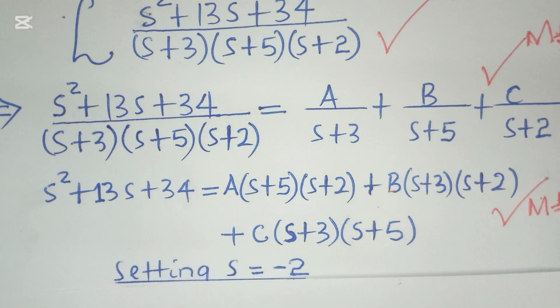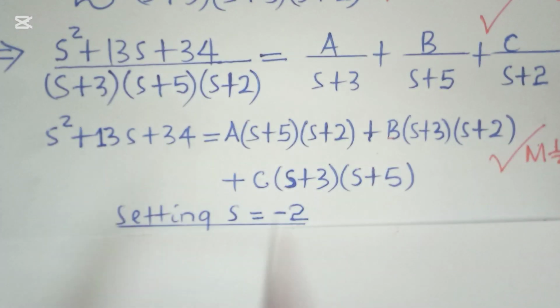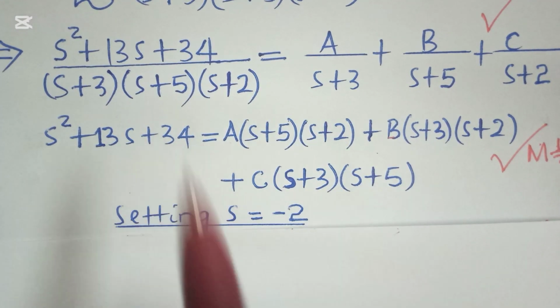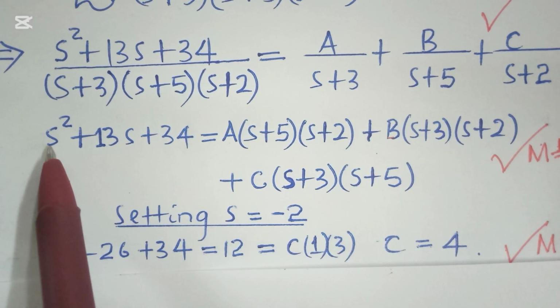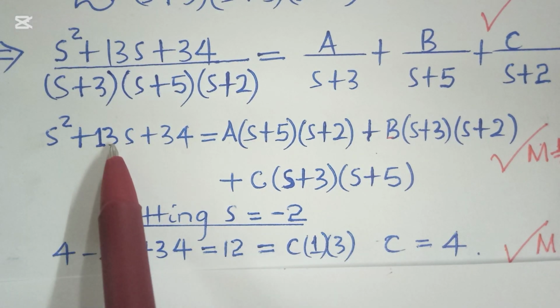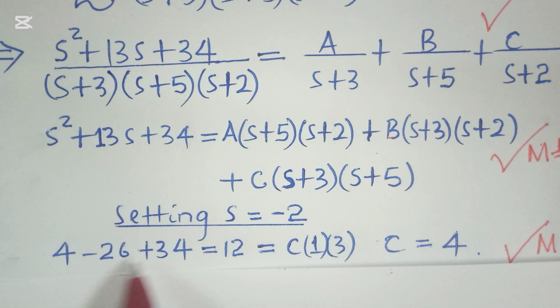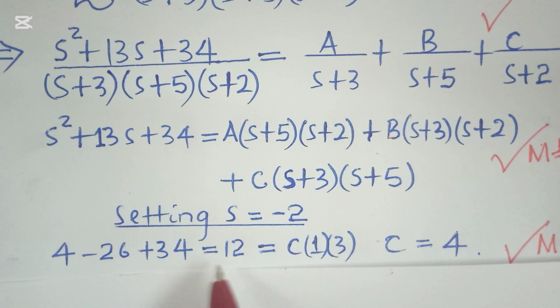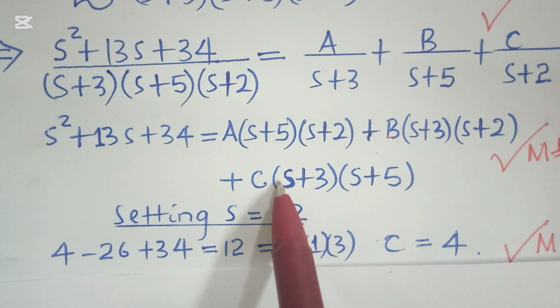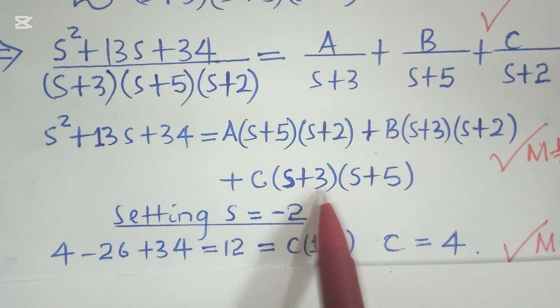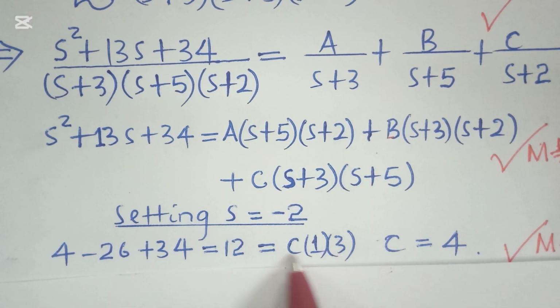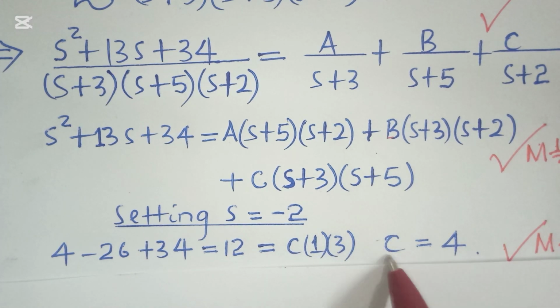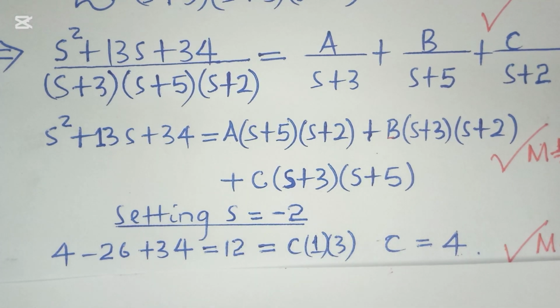And so guys, we shall be having this term and this term. We now place -2 here and we get 4. -2 here equals -26 plus 34, which is equal to 12. When you put -2 here, you have 1. -2 here, we have 3. And this is what we are having. So by that, we can get C, and C is equal to 4.